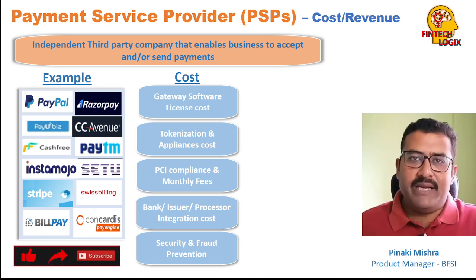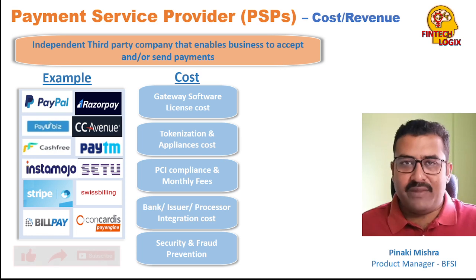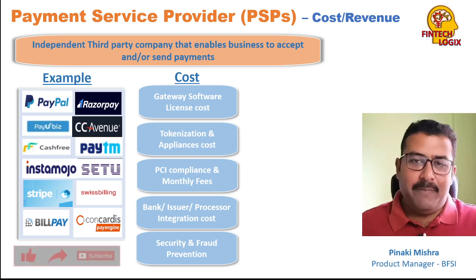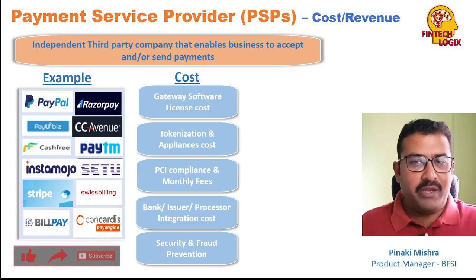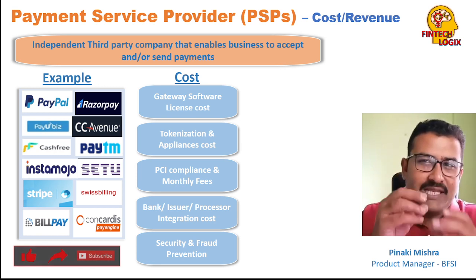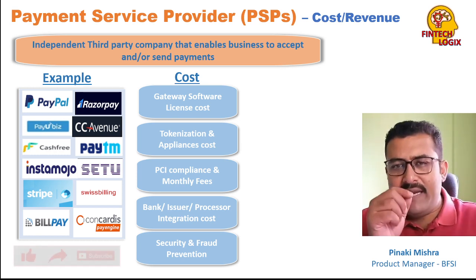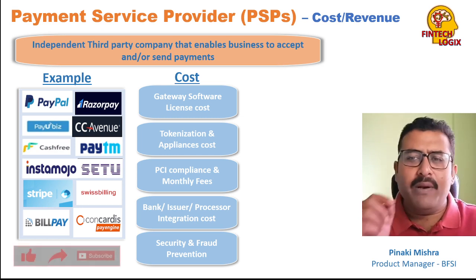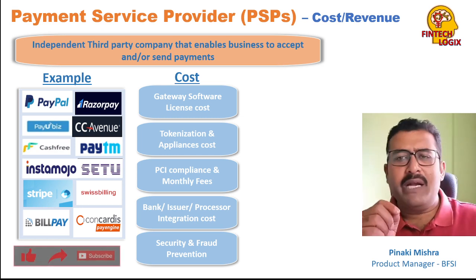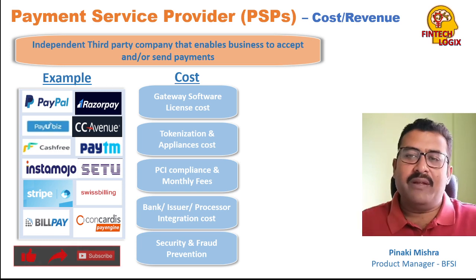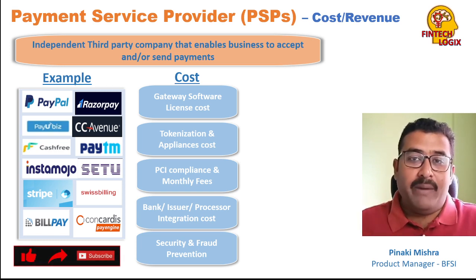The fourth one is bank, issuer, and processor integration cost. We all know that because PSPs act in between, they have to integrate with multiple banks, multiple issuers, or multiple acquirer networks, because they have to maintain a wide network.